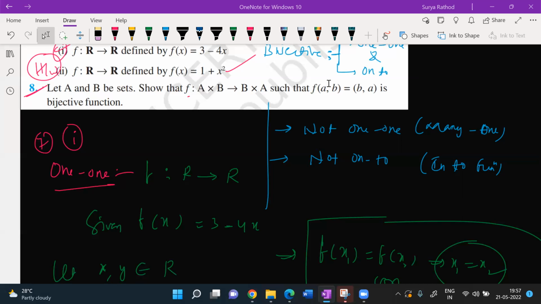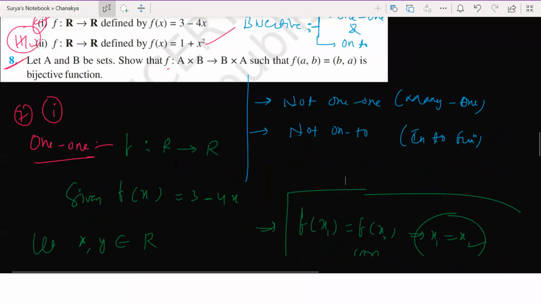Sir, I think it is given that there are two functions, which map from A cross B to B cross A. So I'm thinking we can take F of A1, B1 is equal to B1, A1, then F of A2, B2 is equal to B2, A2. Then we can prove that F of A1, B1 is equal to F of A2, B2. Exactly, you are right. Absolutely, we can go ahead in that way.